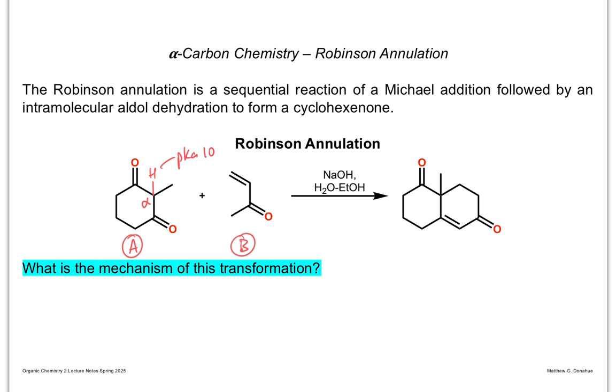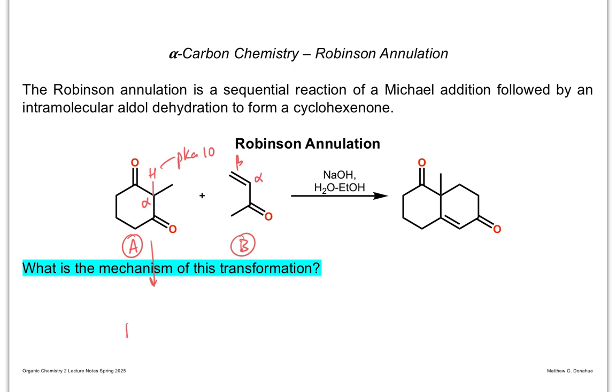Now when we look at B, that's called methyl vinyl ketone, MVK. That's a Michael acceptor. So the first thing we're going to do is a Michael addition. So I'll draw that product. And then once that's formed, that's going to do an intramolecular aldol. So here we have alpha, beta.